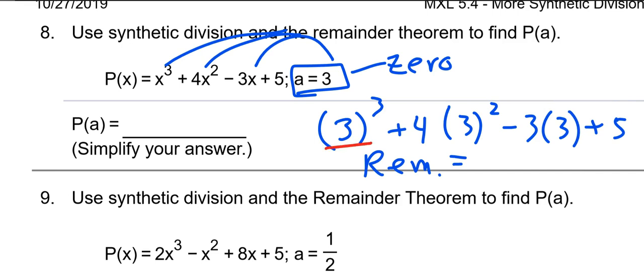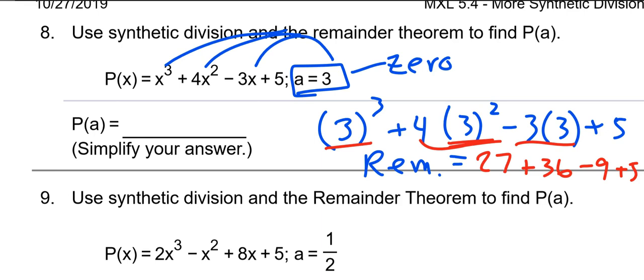So 3 cubed, that's 27. 3 squared is 9, and 9 times 4 is 36. Negative 3 times 3 is negative 9 plus 5.